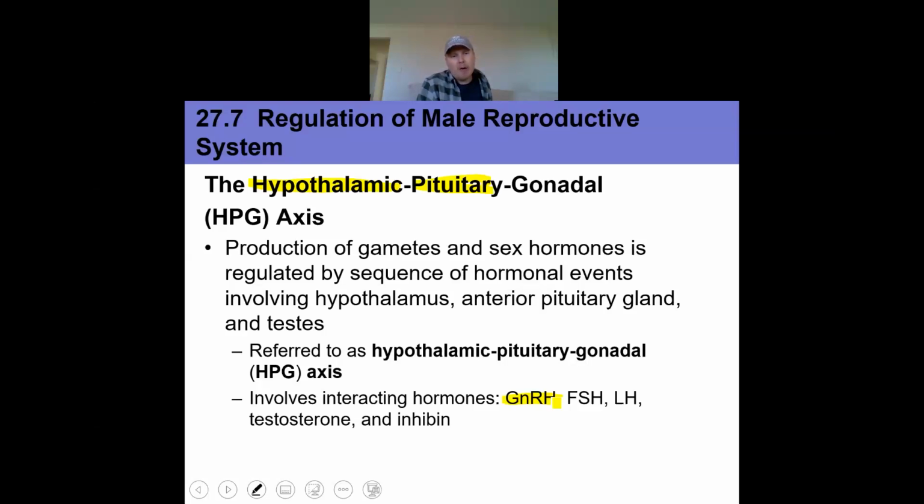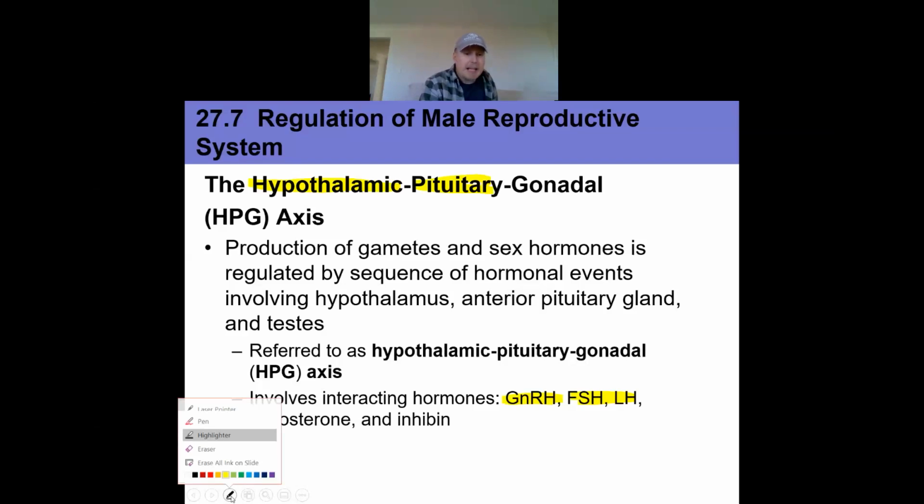The term gonad should ring bells for us. That's, of course, the reproductive organ, and in males, that would be the testes. The role of the anterior pituitary gland is to release follicle stimulating hormone and luteinizing hormone.